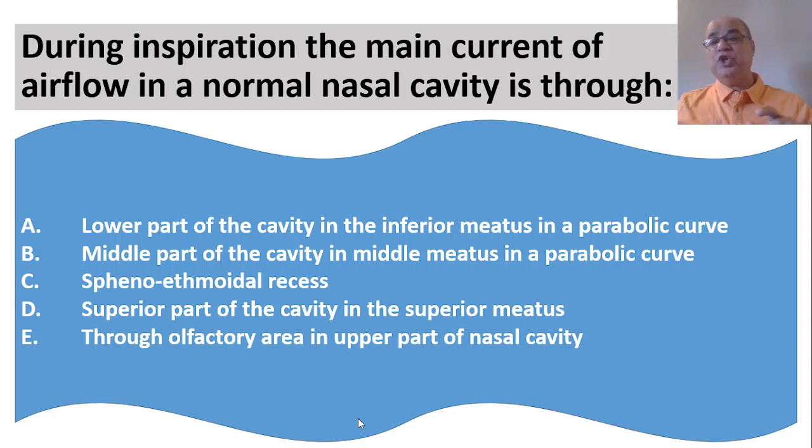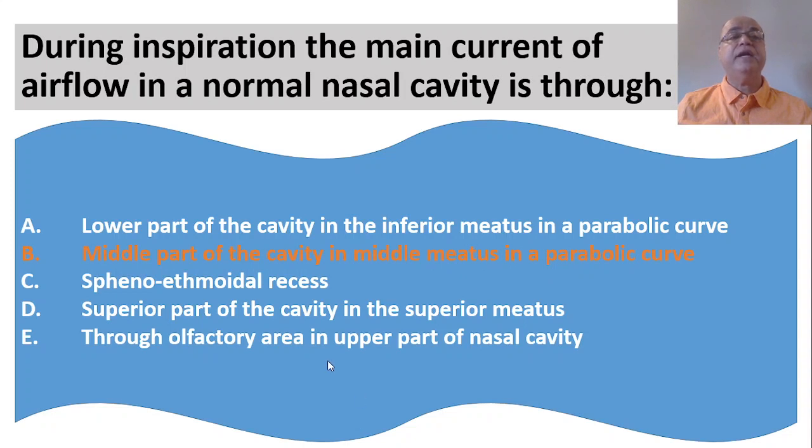So during inspiration, the main current of airflow will be in the middle part of the cavity, in the middle meatus, in a parabolic lamellar flow.